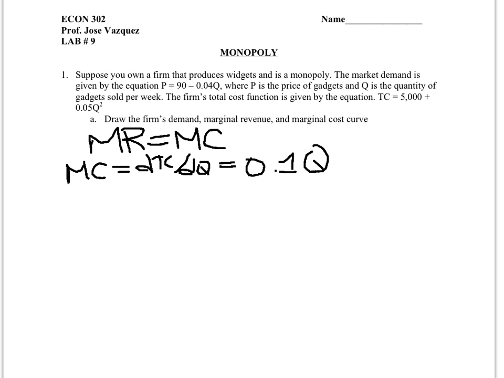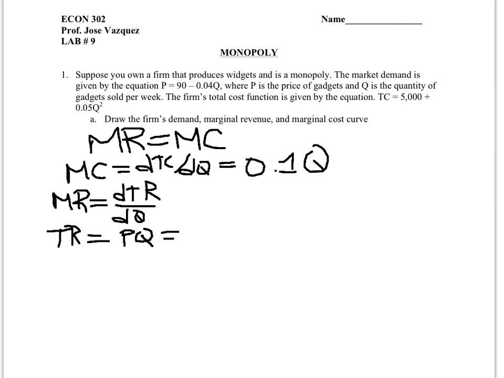The marginal revenue is where things get a little different, but it's not difficult. If you've done this many times, it should be pretty straightforward. We know that marginal revenue is the derivative of total revenue with respect to output. Now, total revenue is price times quantity.